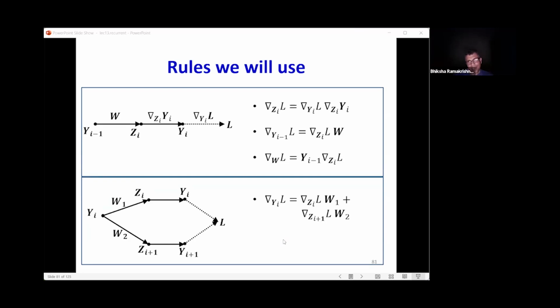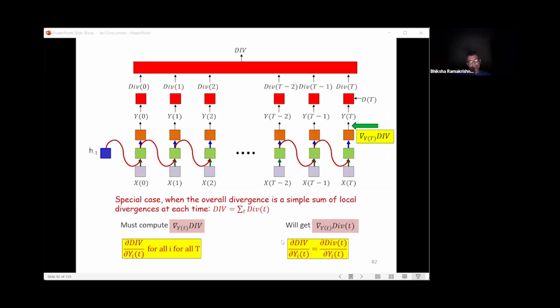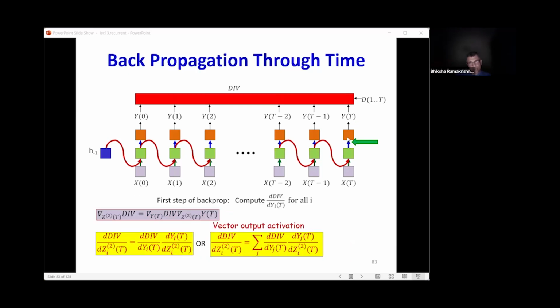Okay, so let's see how this goes. After this, it's very easy. We've assumed that we've already computed the derivative of the divergence with respect to y of t, somehow magically, because that's how we've defined the divergence. So the first step, starting at the end, is to move a step down and compute the derivative of the divergence with respect to the affine term here, z2.